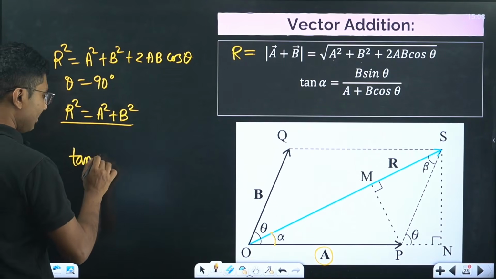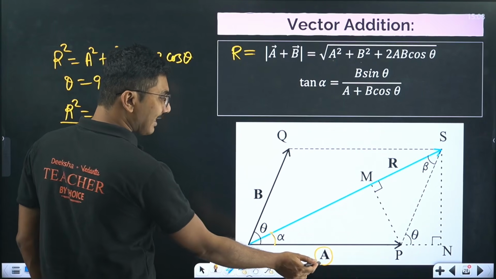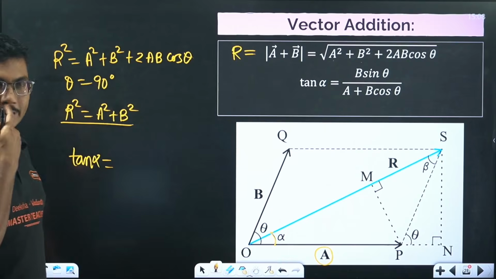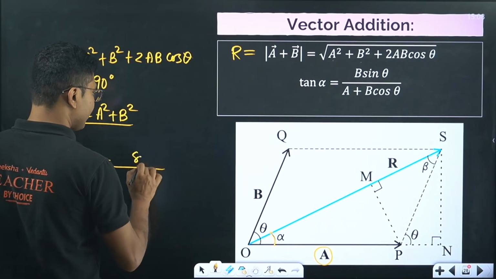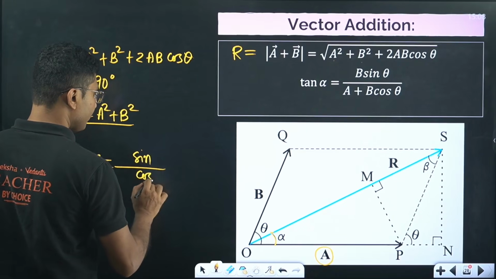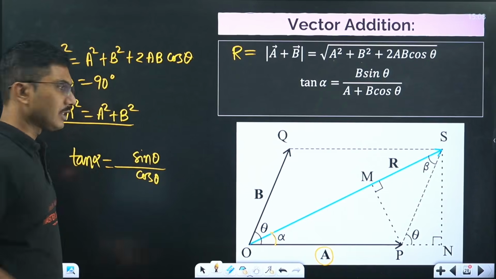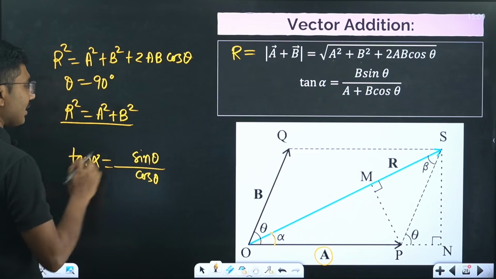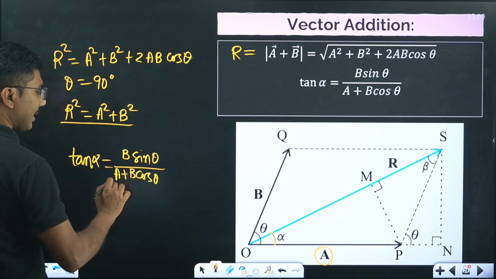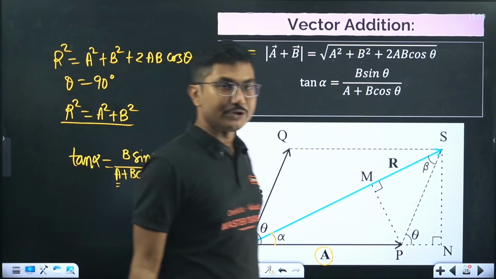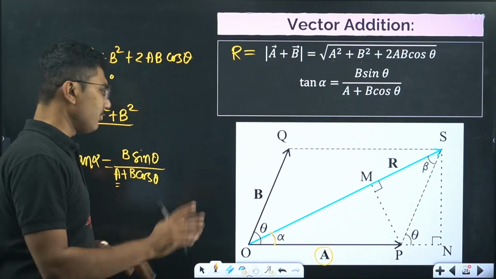Tan alpha is sine by cos, and it will be in terms of theta, which is given in the problem. So tan alpha equals b sin theta by b cos theta plus A, and whichever side you are measuring the angle with respect to, that will be alone. Just for your reference.